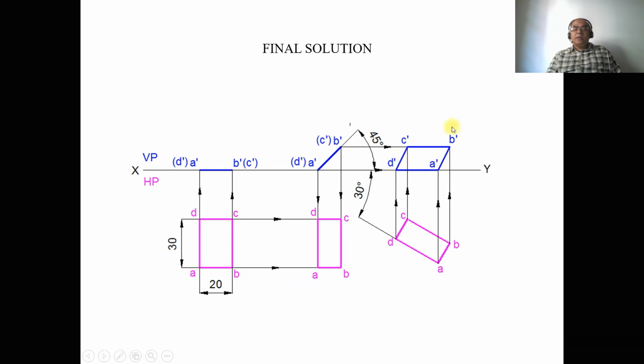So this is how you complete the sketch and show the dimensions accordingly. Whatever dimensions are given in the drawing or in the question need to be dimensioned here on the drawing. So this is how you analyze and solve the problem by using the sketchbook. Thank you.